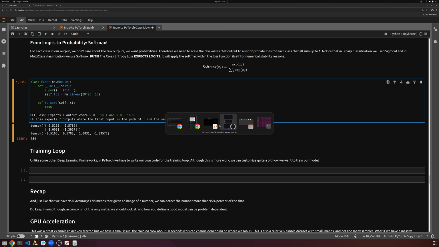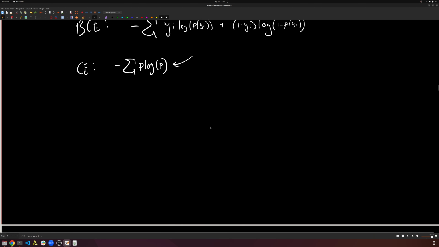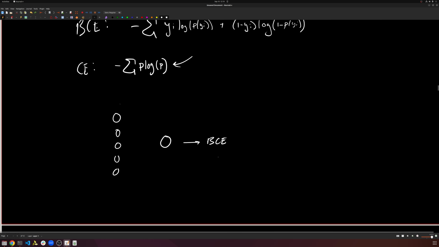Let's draw this out. We'll have some neural network, and it's going to have some inputs. Either we have one output, and this can go to binary cross entropy loss, no big deal, where greater than 0.5 is 1 and less than 0.5 is 0.